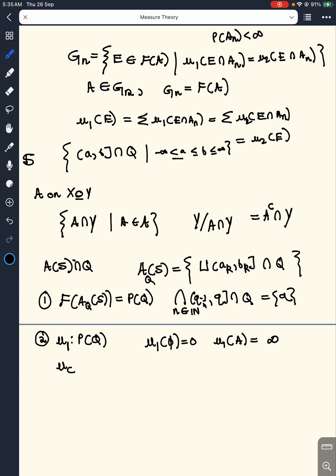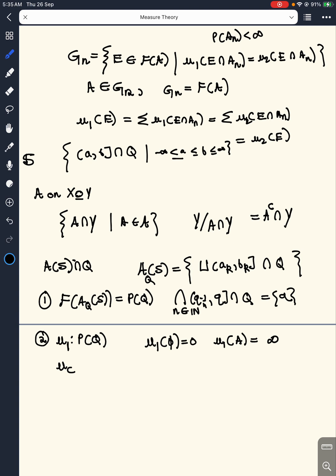Now, it's clear that mu_c and mu1 don't coincide on the power set of Q, because finite sets are just a different thing. But mu1 and mu_c coincide on the algebra. So it's a restriction to the algebra, so it's a pre-measure. These are measures and it's a restriction to the algebra, so it's a pre-measure. Why do they coincide on the restriction?